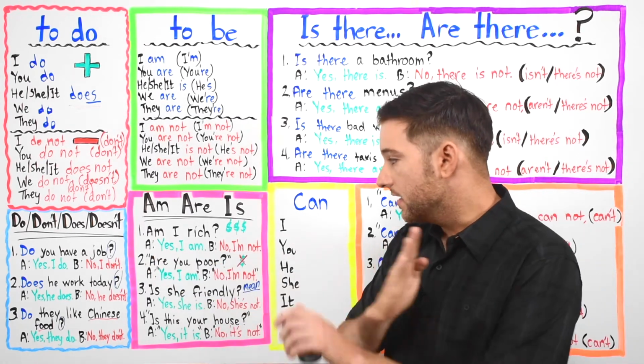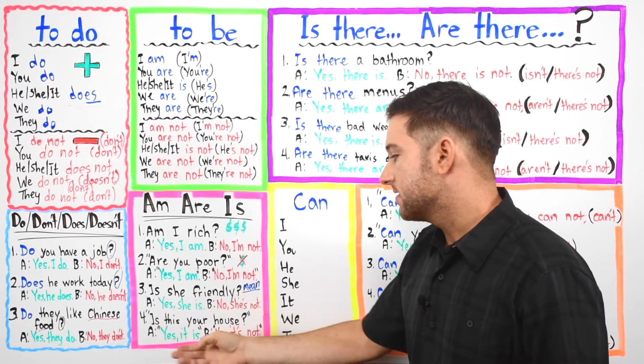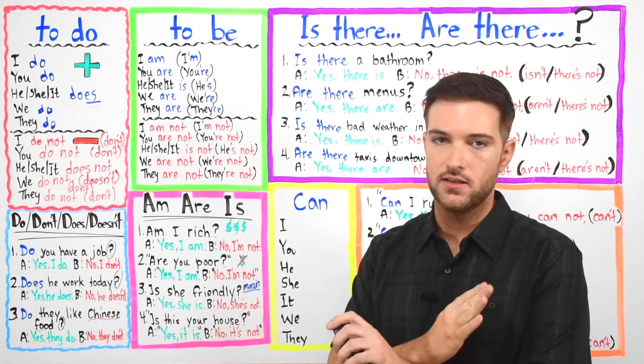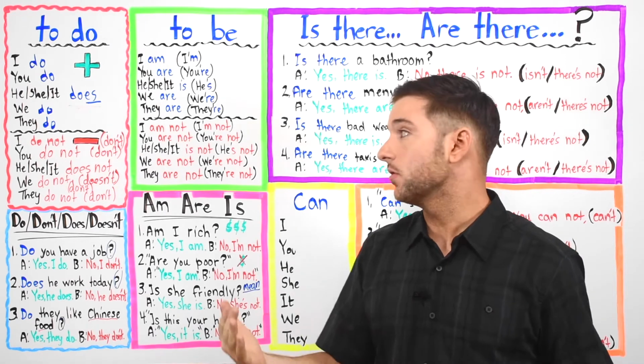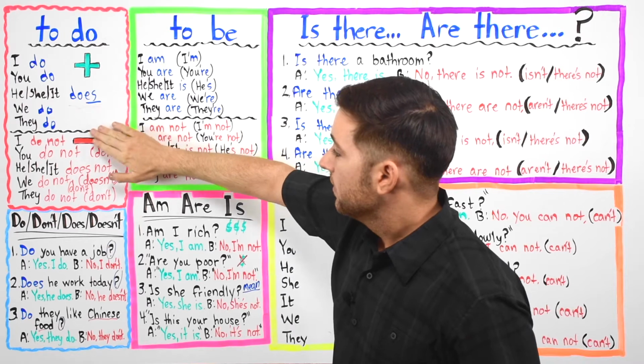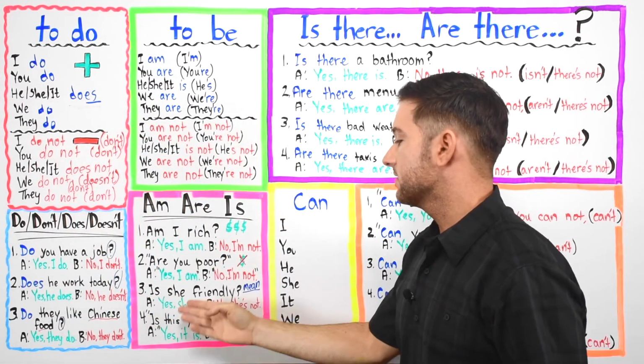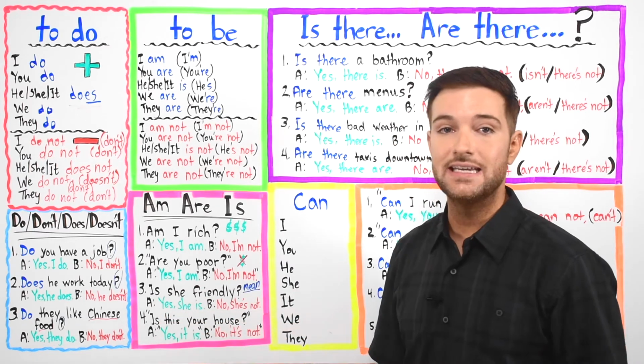You cannot say yes I'm, or yes she's, or yes it's. You cannot say that. Say it in the full form, just like right here, the full form, not the abbreviated forms, not the shortened forms. You say yes I am, yes she is, and yes it is.